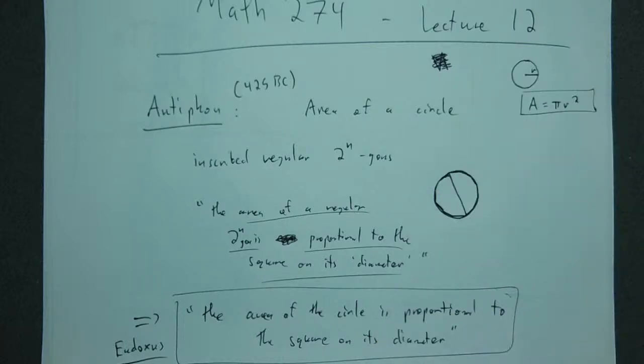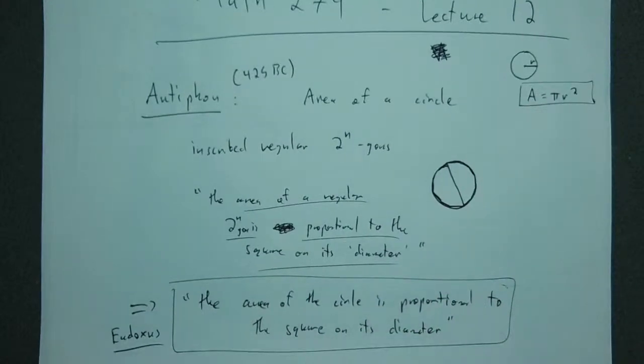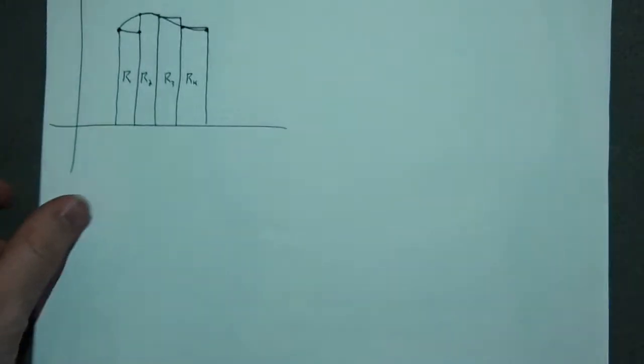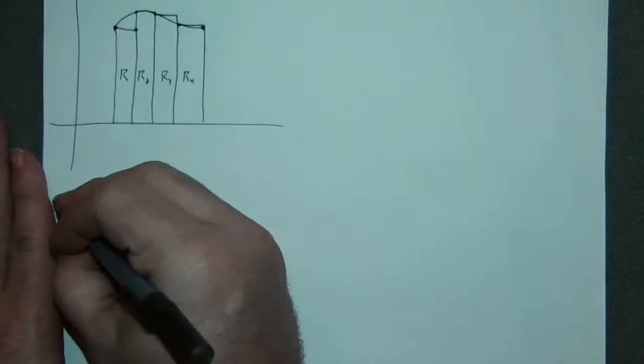So very much in the spirit of Zeno, or questions that Zeno raised, he was a finitist. He thought that the circle actually was a type of polygon in this way. So anyway, that was the contribution of Antiphon.